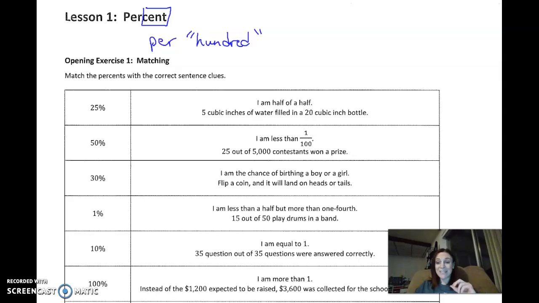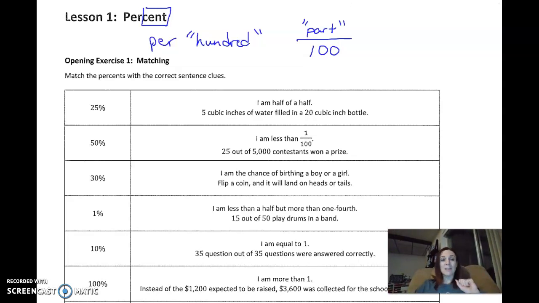So when we're talking about a percent, we're talking about a part, a chunk of something out of 100. And that's kind of how we normalize it. We always take it out of 100. It could be out of different numbers, but if we can turn it out to 100, then we can compare it to other things. So we're just going to do some matching here.